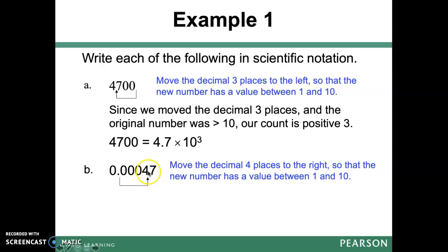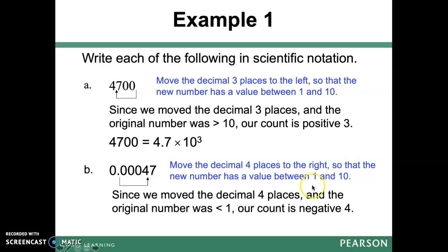I'm going to put it right here. That's 4.7. The negative exponent, the actual number part, is how far you moved your decimal point. Let's see, we moved it 1, 2, 3, 4 places. So this becomes 4.7 times 10 to the negative 4 power.